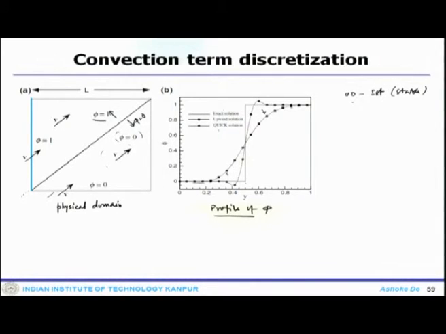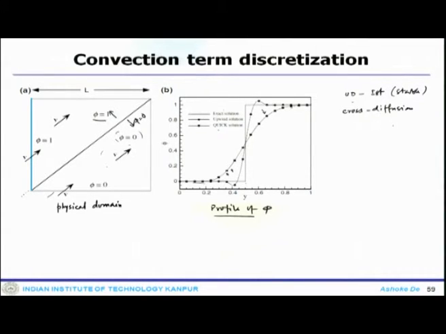So, it is at the same time quite inaccurate, and this inaccuracy arises due to the cross diffusion term, which is caused by the interpolation profile that is used.